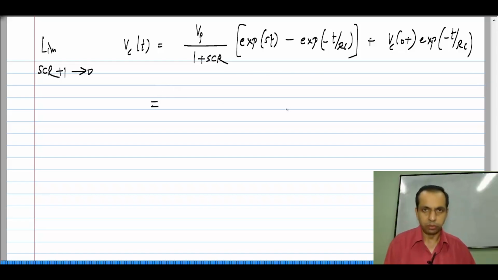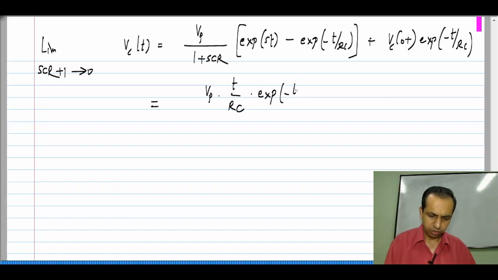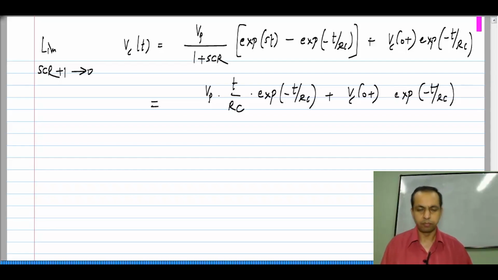This whole thing will be equal to Vp times T by Rc exponential minus T by Rc plus Vc of 0 plus exponential minus T by Rc.